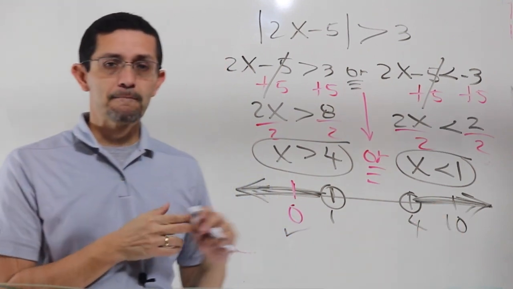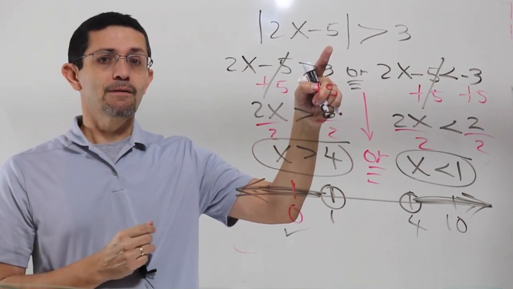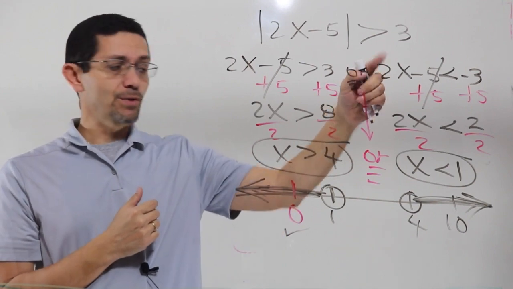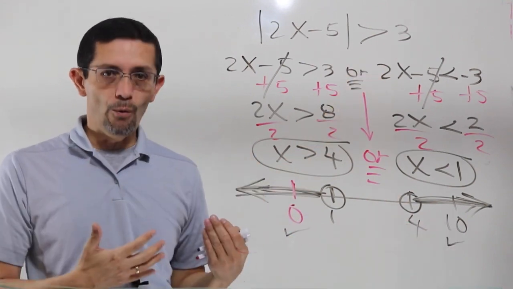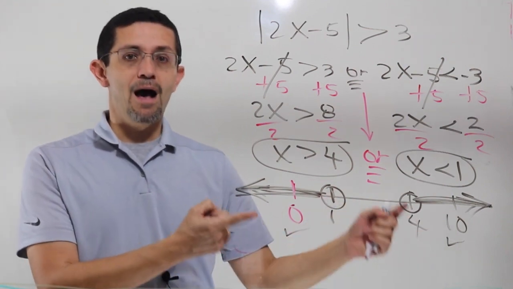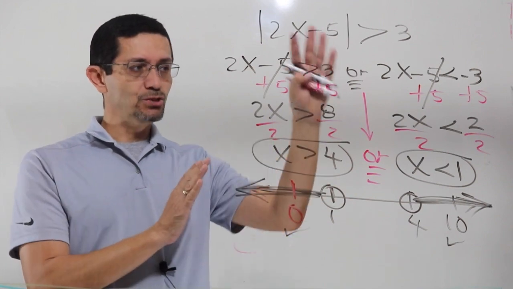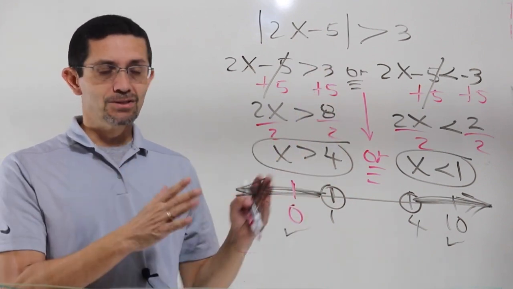Exaggerate. 10. 2 times 10, 20, minus 5, 15. Absolute value, 15, which is greater than 3. Makes sense. So we need to always double check to make sure that our graph and answers make sense for the absolute value. If they don't make sense, then either you check the math or it's a no-solution problem. Okay? This is the process in general.